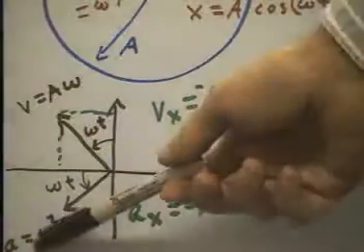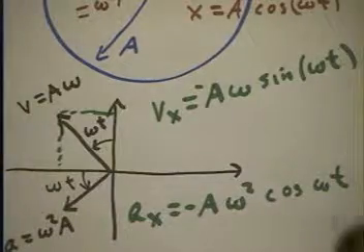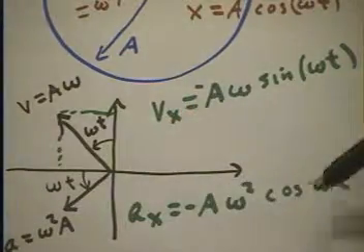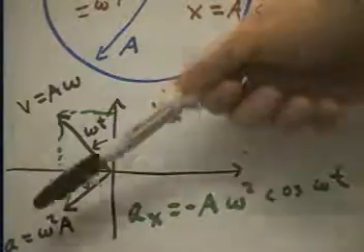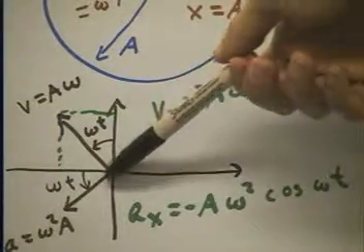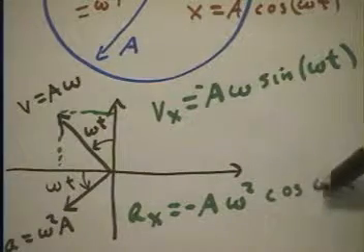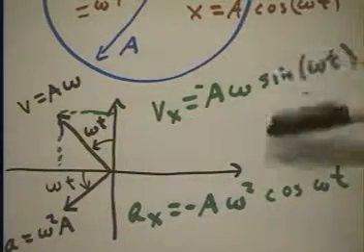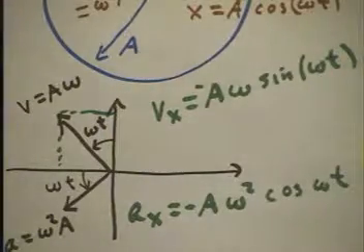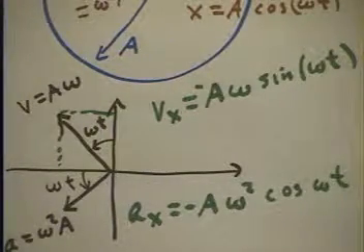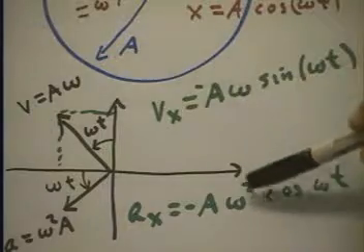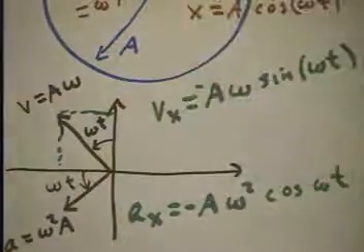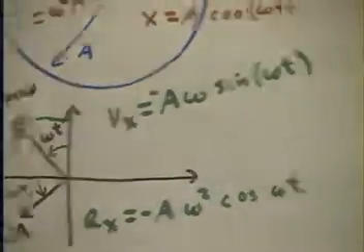And that the x component of omega squared a, the acceleration, will be the negative of a omega squared times the cosine of omega t, being opposite here in orientation to the omega t by which we calculate the position. So we immediately get our equations of motion for x, vx, and ax. And those will be the equations of motion for a simple harmonic oscillator moving in the x direction.